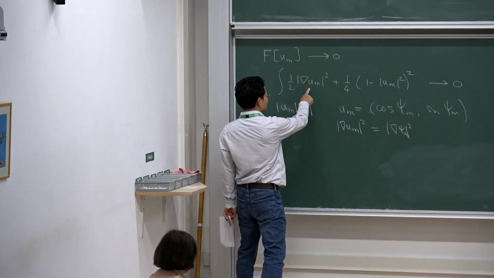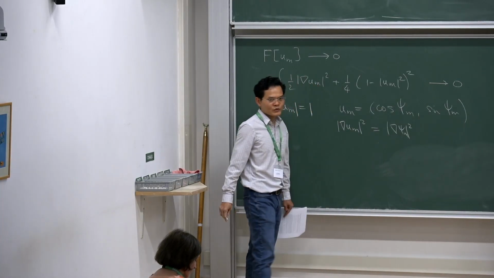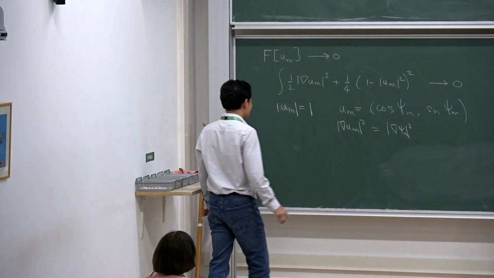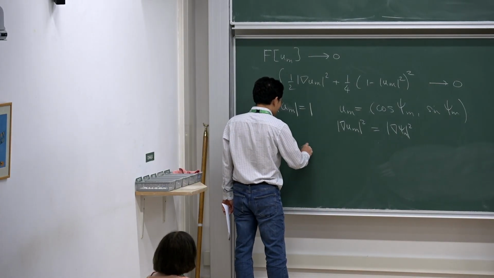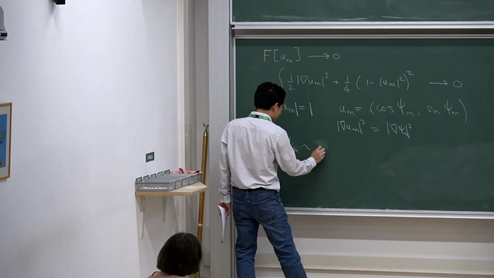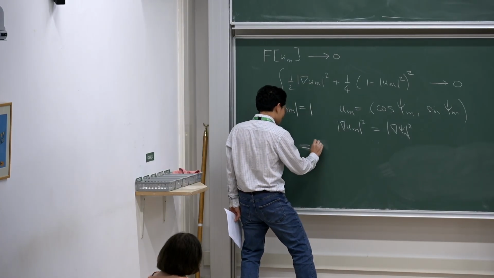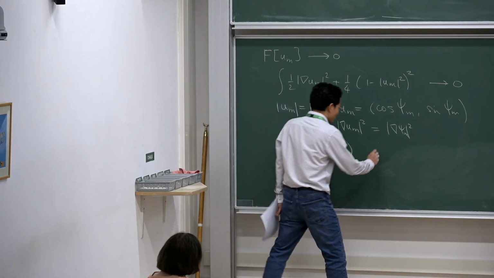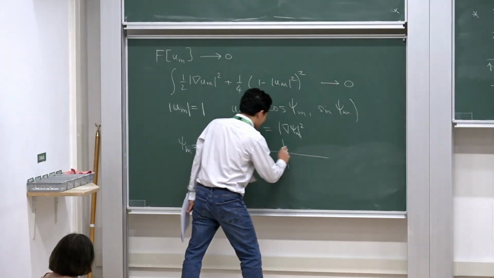So in order to make this go to 0, you just make the gradient of psi very small. Psi is a scalar function. So you can just do something like this: you take a function psi and you divide by m, like this. Well, psi will have this shape.